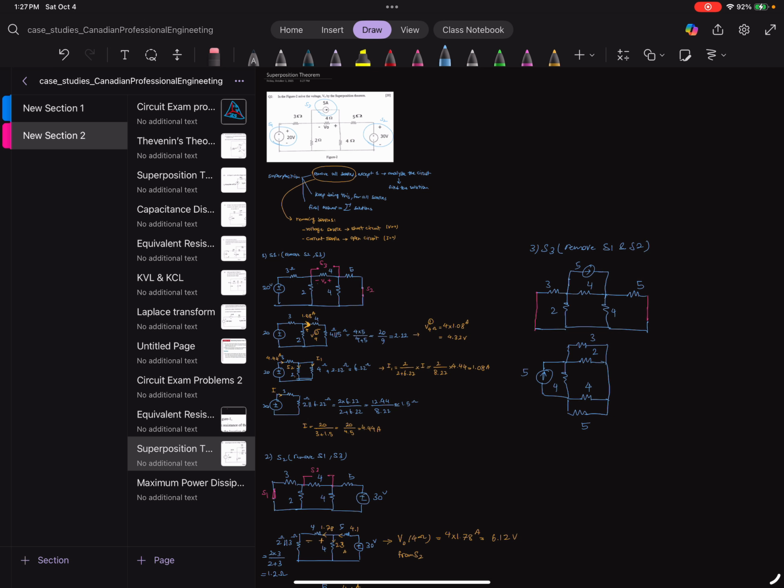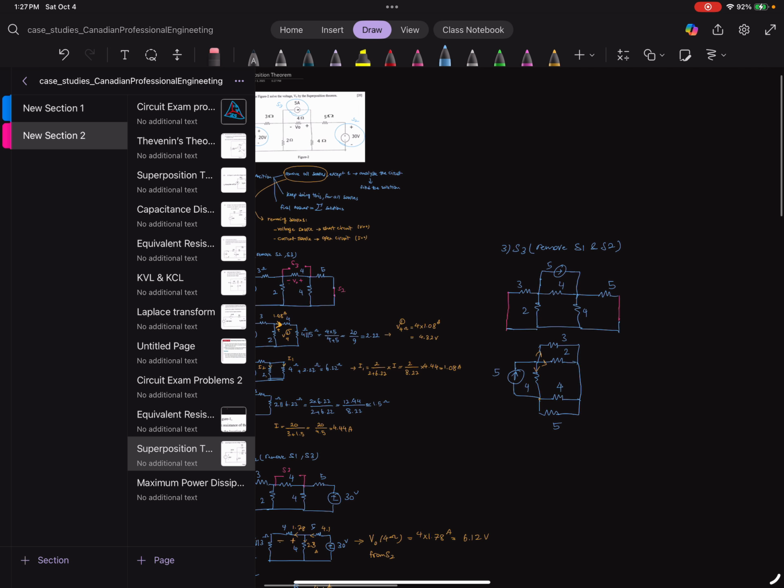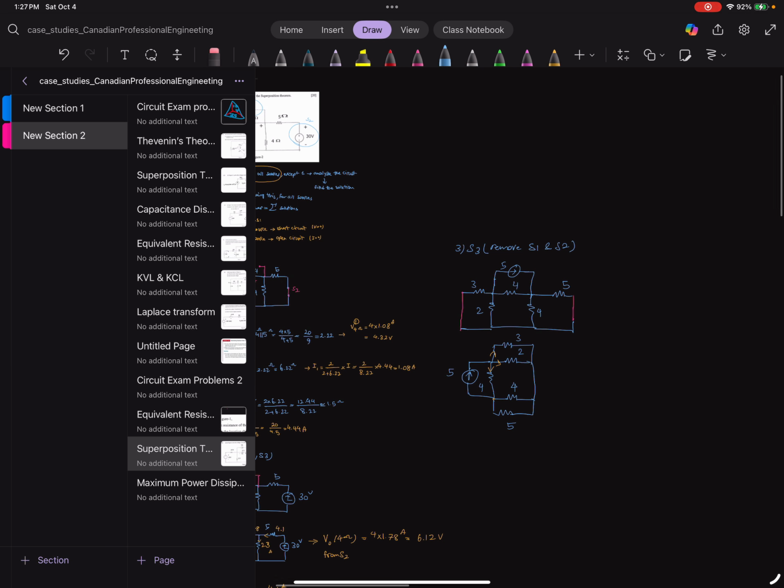Okay, so we have some of the current going through this 5 ohm going here, going here, going here. Then also the same thing at this node as well. Okay, so one way to do this is actually trying to solve this circuit, or we can try to find the equivalent voltage source of this guy.